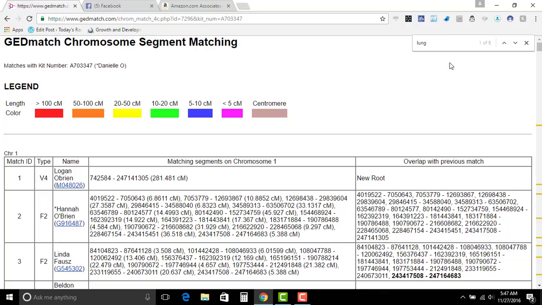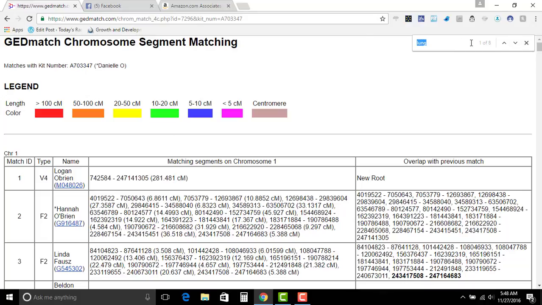I go up here, I don't know about your keyboard, but on mine it's Control F, which gives you a way to search the page for whatever you're looking for. So I wrote in Long, because I know that's the other person's name on here.